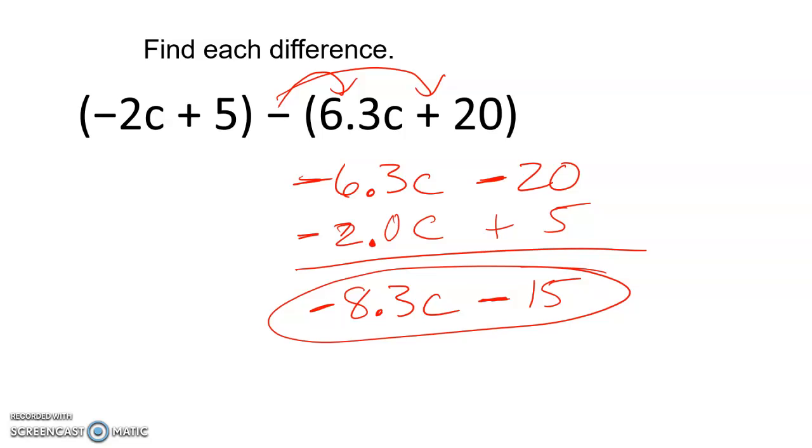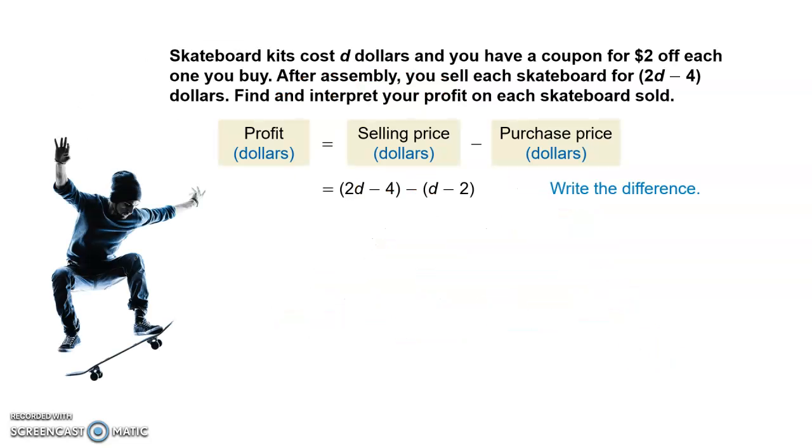All right. Then there's a word problem. Skateboard kits cost D dollars, and you have a coupon for $2 off each one you buy. After assembly, you sell each skateboard for 2D minus $4. Find the profit, interpret the profit on each skateboard sold.